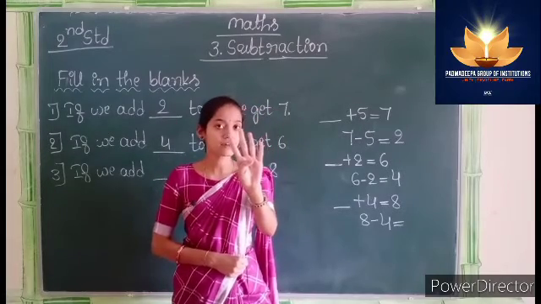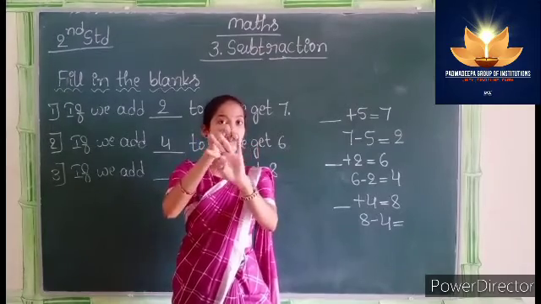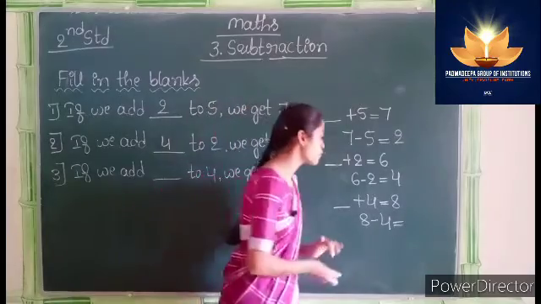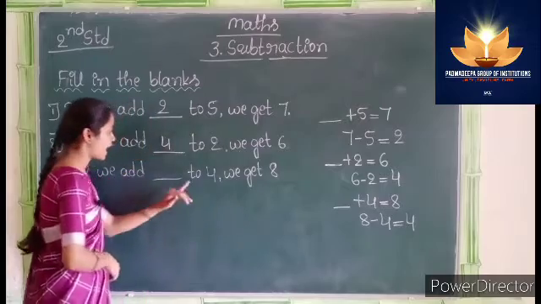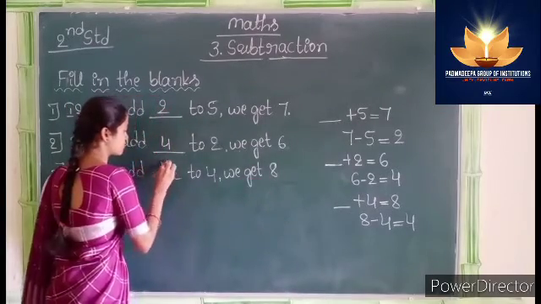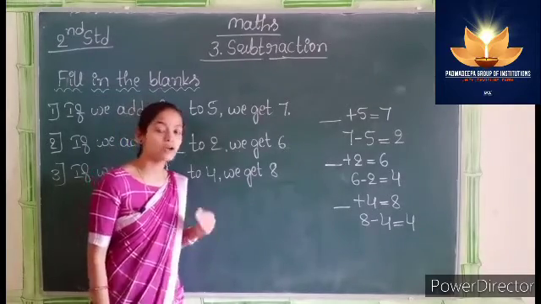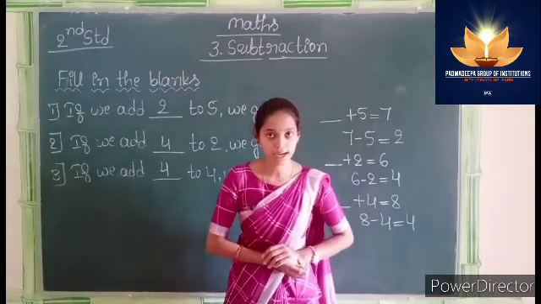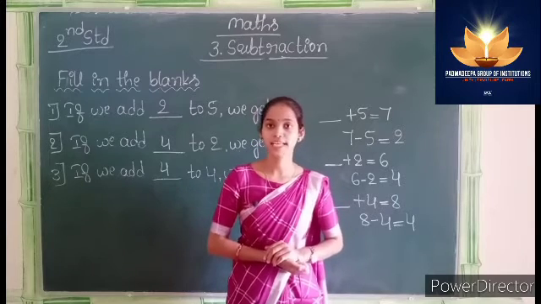How many fingers are left? 4. So 8 minus 4 is 4. 4 should be added to 4. We get 8. Students, like this, using the inverse method, we can fill these blanks. Have you understood, students? I hope you are all clear about today's class.